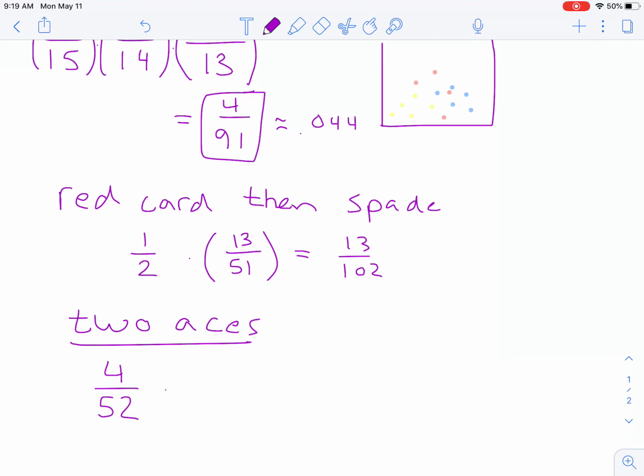And then for the next one, there are only 3 aces left, but there are only 51 cards. And that's a 1 out of 221. So you have a 1 out of 221 chance that you end up with 2 aces in your hand when you're playing blackjack or any type of card game.